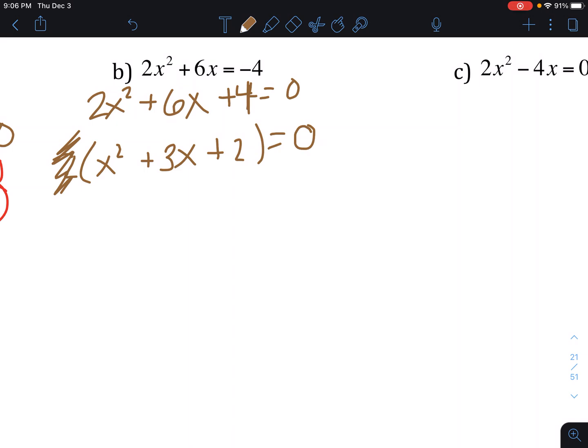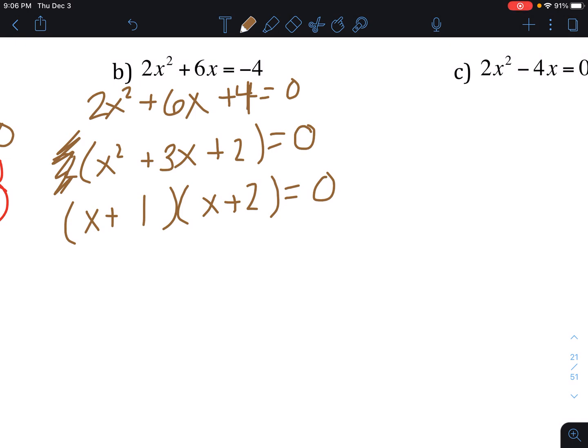So now we actually have another easy trinomial. Signs are pretty easy, plus, plus. And this is a no-brainer: two numbers that multiply to 2 and add up to 3. Well, you only have one option, 1 and 2.